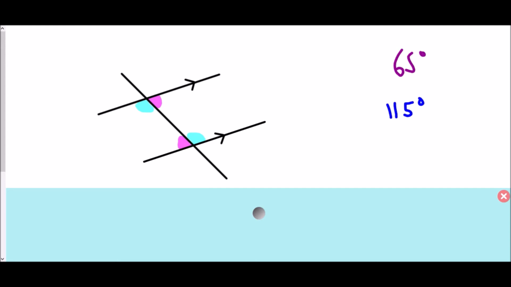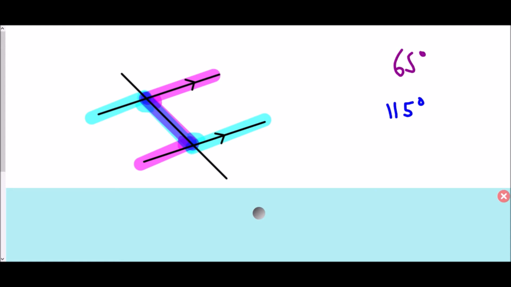Well, if I show you how we formed the pink angles, it was this angle and this angle. And what we can see is a Z shape. With the blue angle, it's there, and there, and there, and again, that is also a Z shape. They're just the reversal of each other.